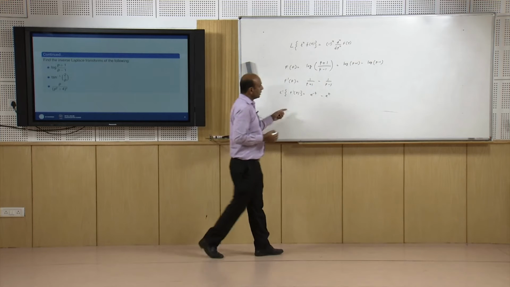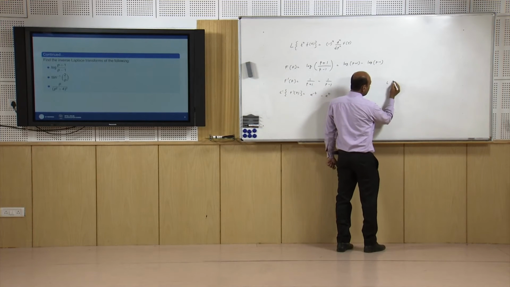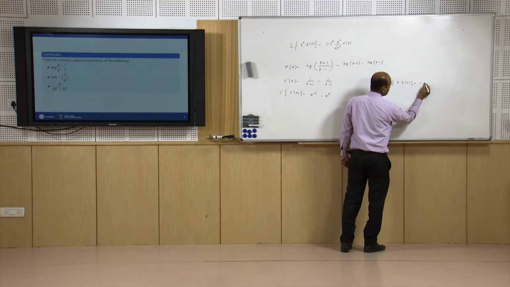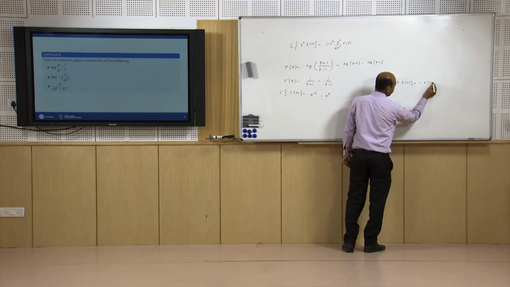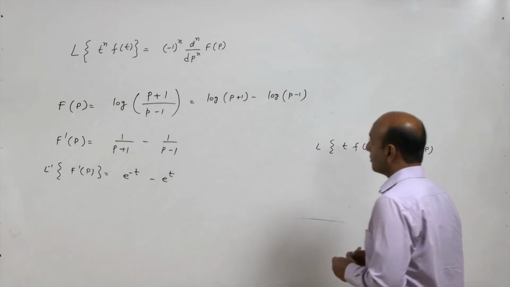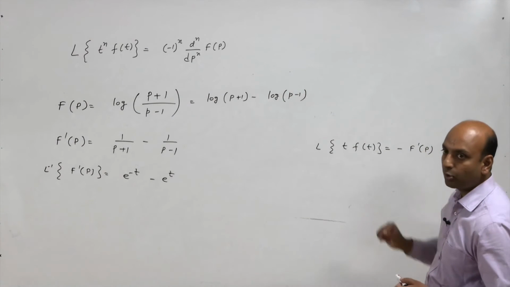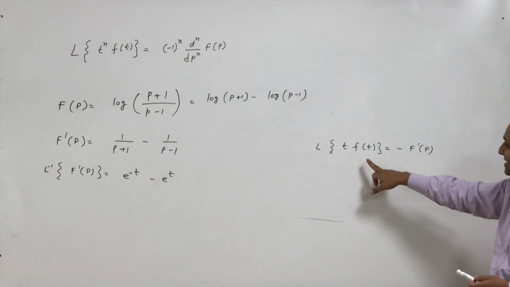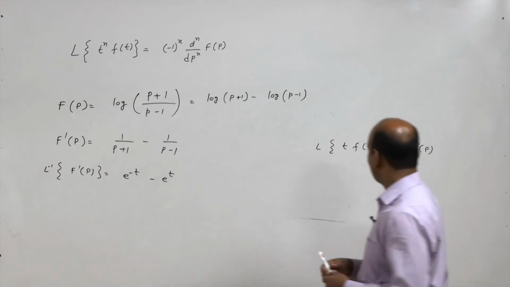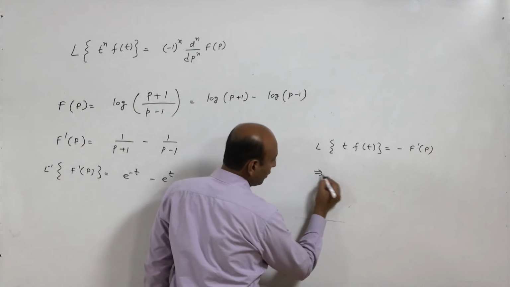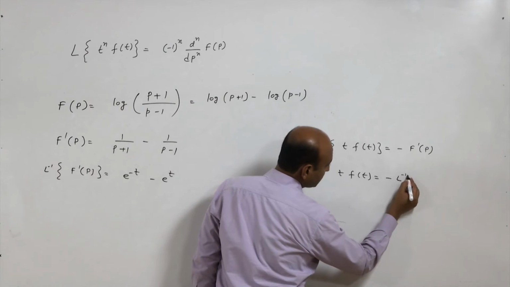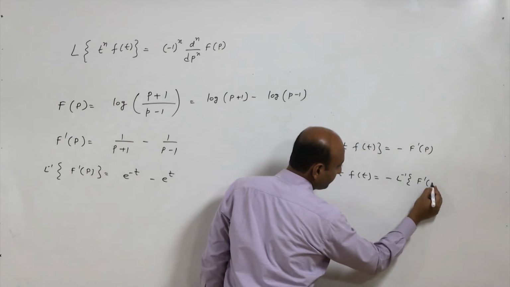Now, the Laplace inverse of F dash p is what? It is minus t f t, from this property if you substitute n equal to 1. Here F p is the Laplace transform of this f t. So, from here we got t f t is nothing but the negative of the Laplace inverse of F dash p.